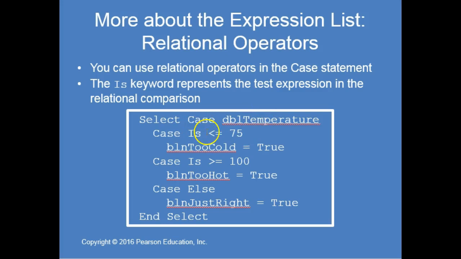So if double temperature is less than or equal to 75, this Boolean variable too cold will be set to true. Case is greater than or equal to 100. So if double temperature is greater than or equal to 100, it'll be set to false. Otherwise, Boolean just right will be set to true. So this allows you to specify a range of values.